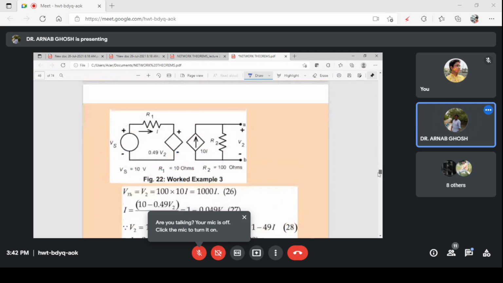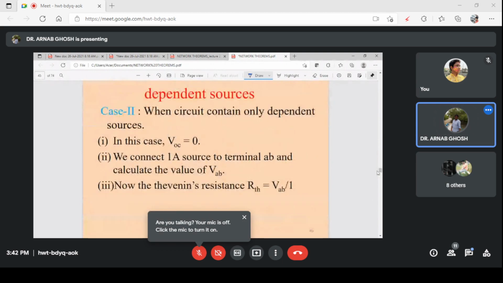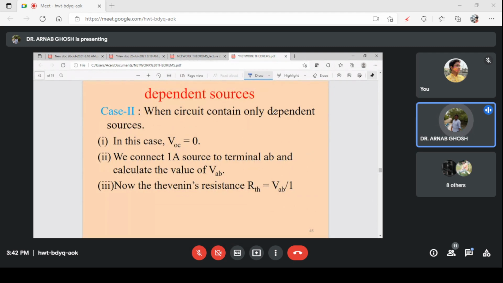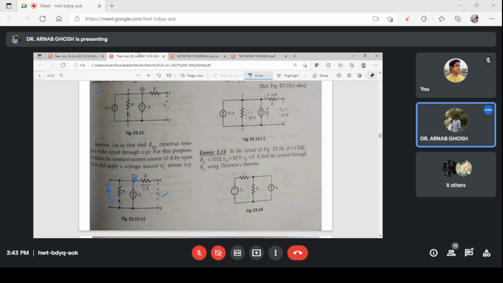Please everybody look at this. When we are considering a circuit with only dependent sources, we consider a 1 ampere source between terminals A and B. For this same reason, we have considered an open circuit and a 1 ampere source here. So the current through this is 1 ampere.